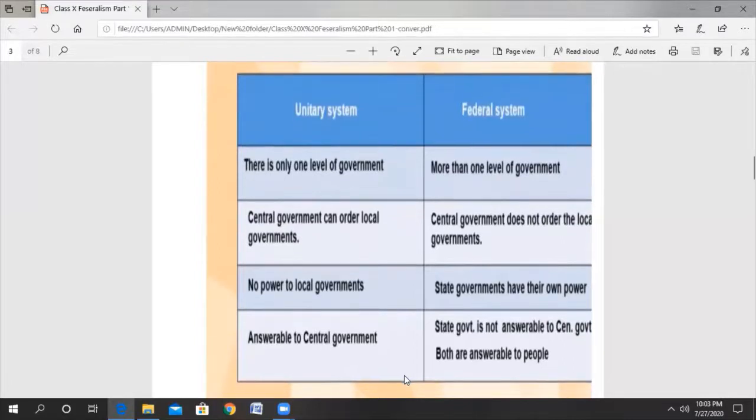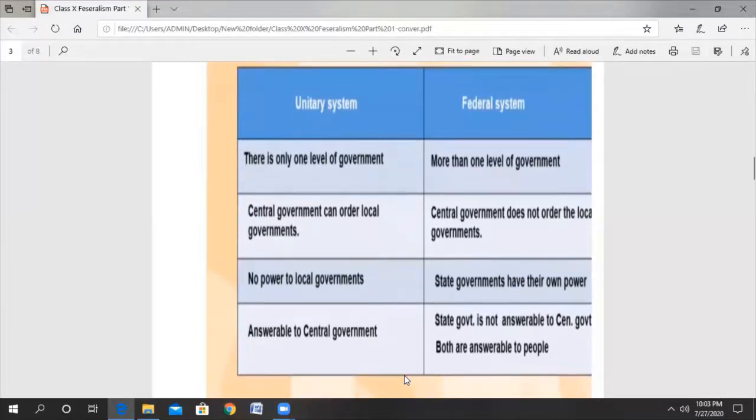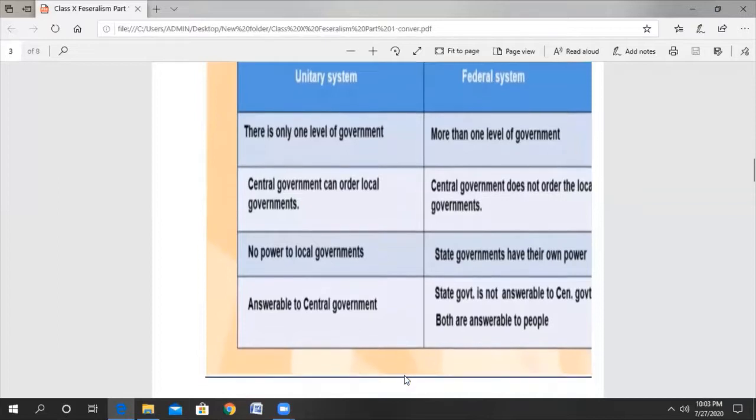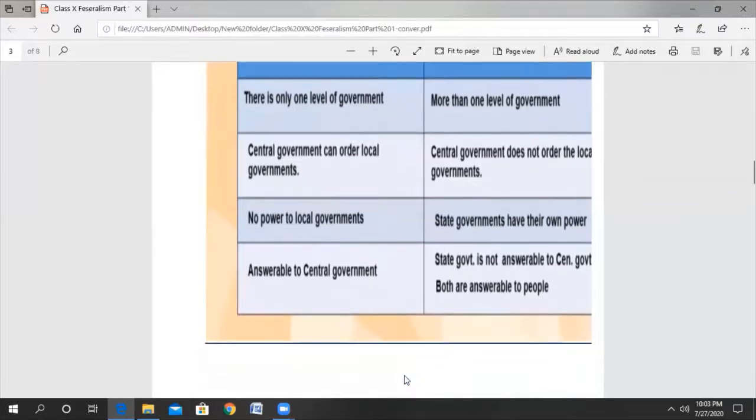On the other side, in a federal system, the state government is not answerable to the central government, but both the governments are answerable to the people. In a federal government, the state is independent, and in the unitary government, the state is dependent on the central government. So these are the differences between unitary government and federal system.